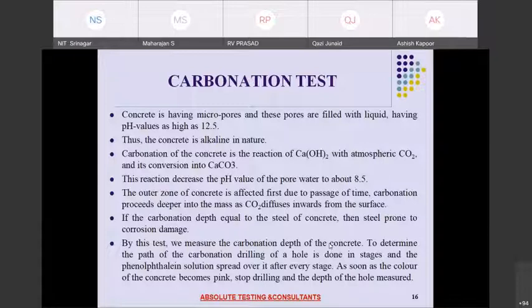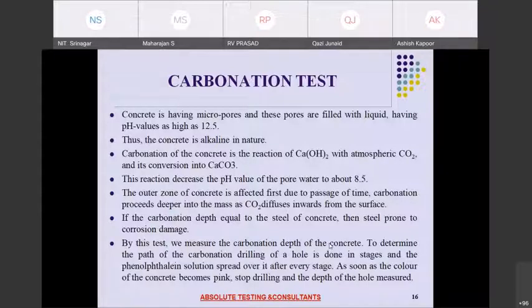So coming to the carbonation test, what is the carbonation test? Carbonation is the process in which the pH of concrete decreases toward the acidic side, while fresh concrete is highly alkaline in nature. Concrete has micropores, and these pores are filled with liquid having a pH value as high as 12.5. Thus the concrete is alkaline in nature. Carbonation of concrete is the reaction of Ca(OH)2 with atmospheric carbon dioxide and its conversion into CaCO3.